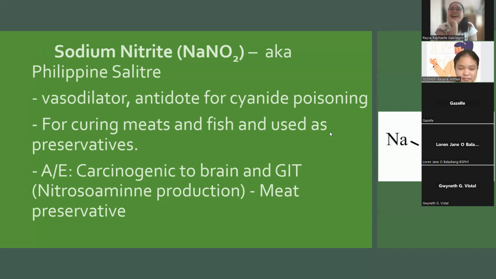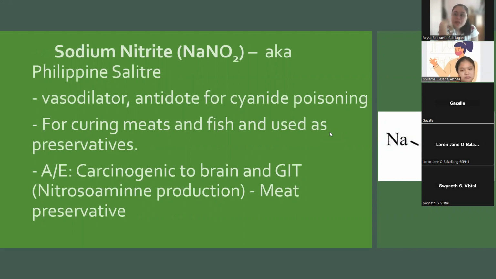So, plus points. Okay. Kapag class, hindi mo niluto ng maayos yung balanghoy, marami kasi yun siyang cyanide, especially sa balat niya. So, kapag kinain mo na, you will really have cyanide poisoning. Our problem with cyanide is it can interfere with cellular respiration.